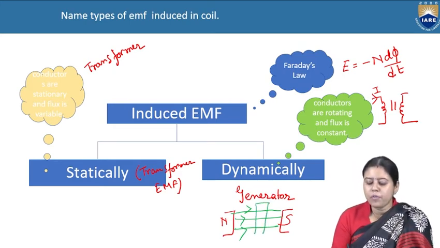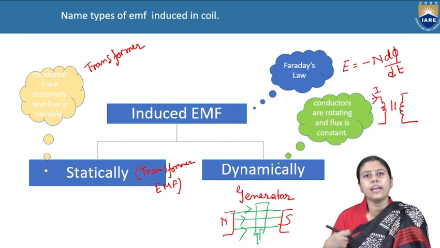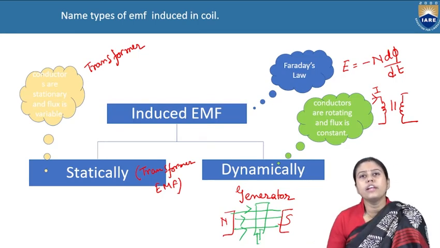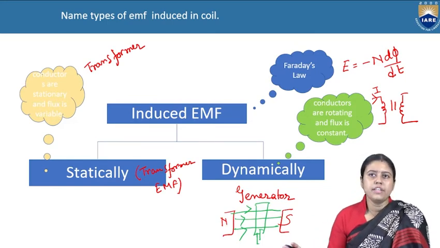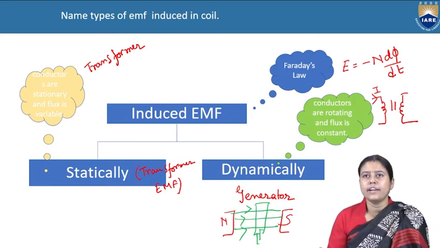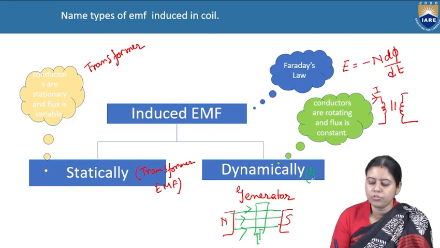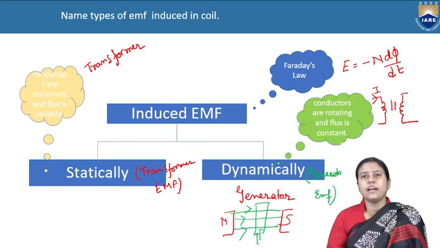Now if we take one armature and rotate the armature using any prime mover, it will induce the EMF in the armature coil, and this is known as the dynamically induced EMF. Conductors are rotating and flux is constant. The generator EMF is another name for this.